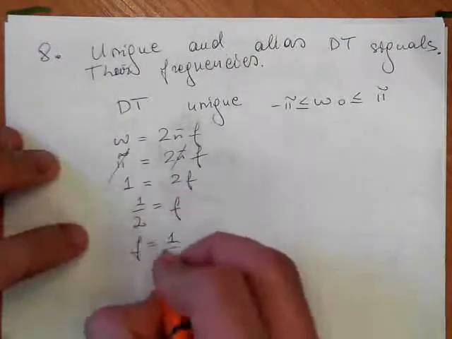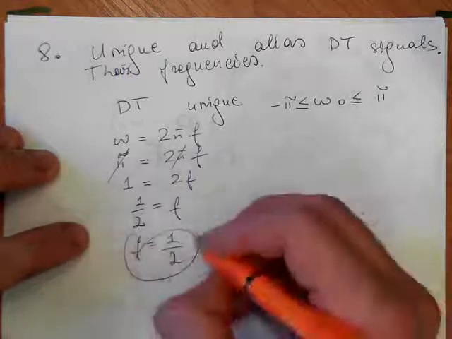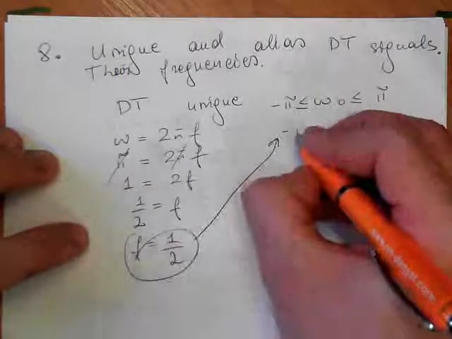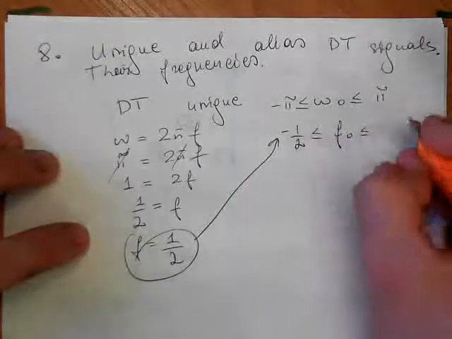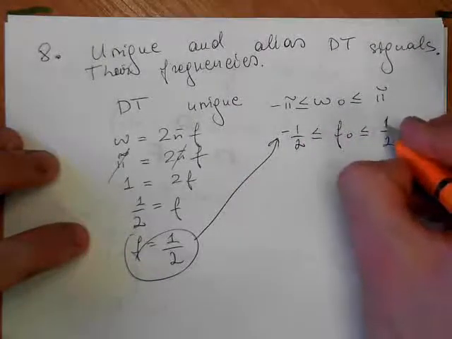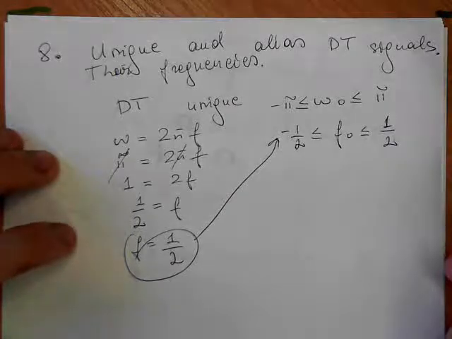So it means that f here is a half. So this f0 goes from here, minus half, to here.